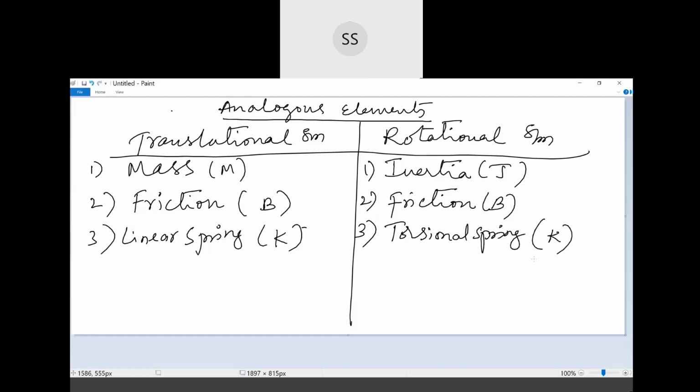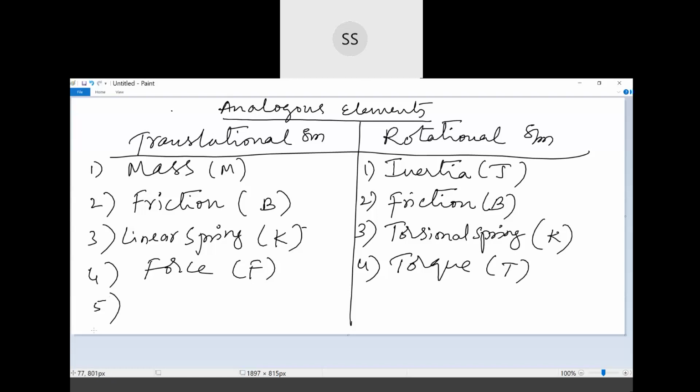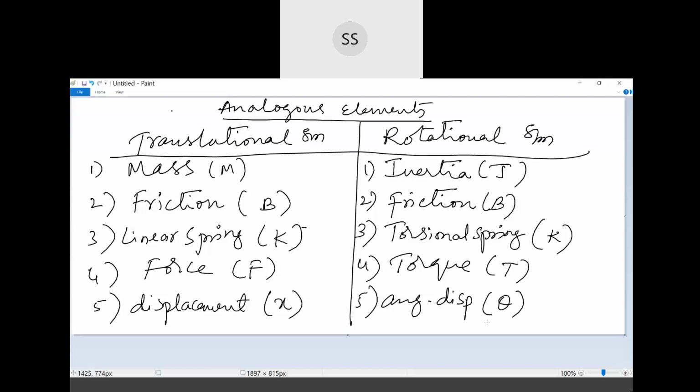Symbols are the same. Next, if we apply force F in translational, in rotational we apply torque T. Fifth is displacement in translational systems, whereas we have angular displacement theta in rotational systems.